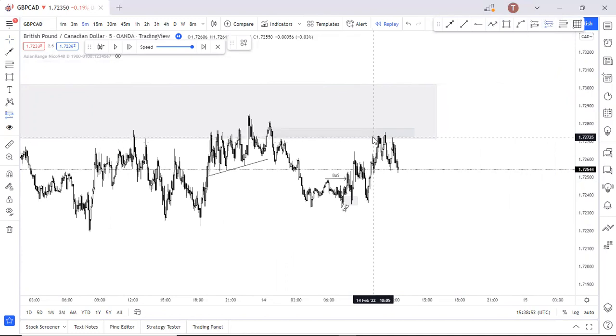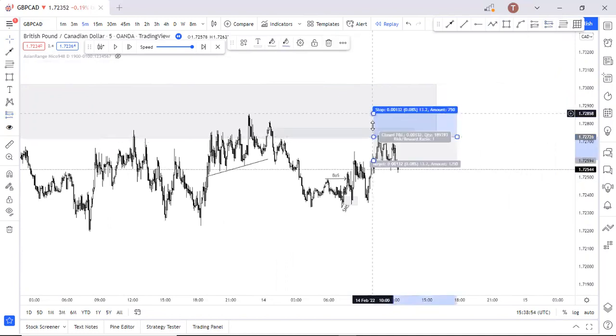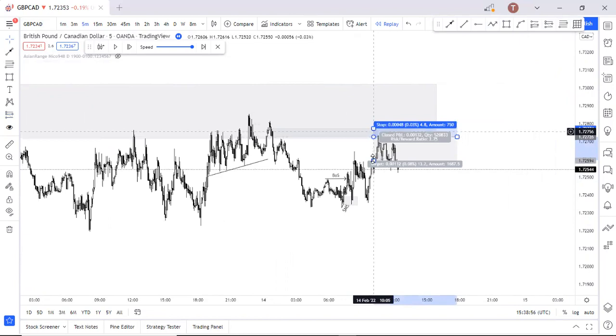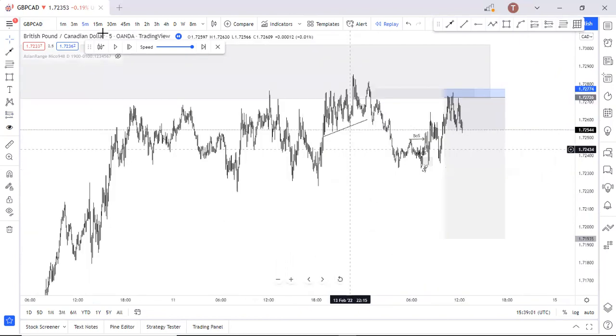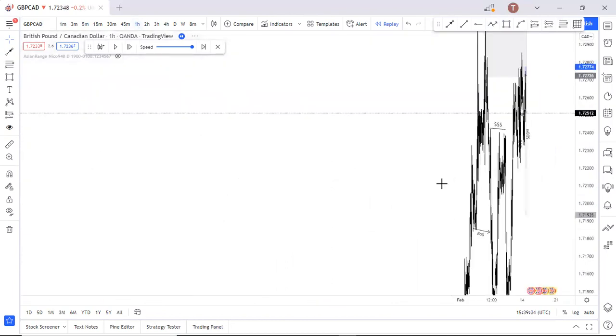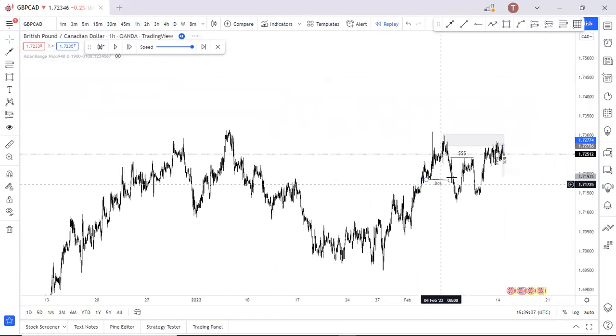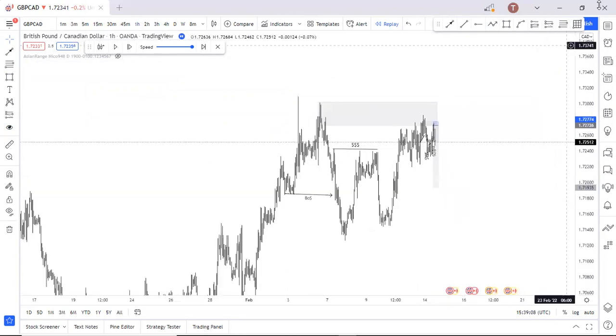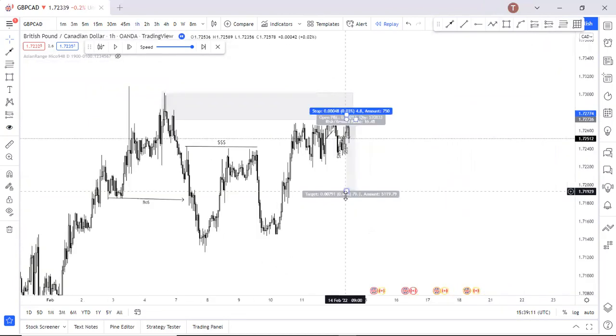I've taken profit on the buy trade, and I'm looking to target, let's go to the 1 hour, I'm looking to target this zone.